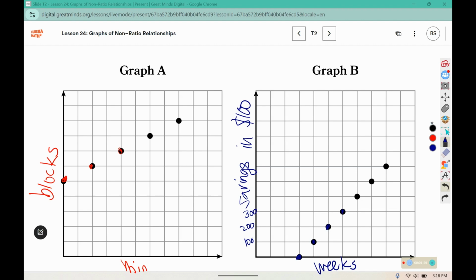Now, these aren't represented by a ratio because they don't go through the origin. But we could also represent these graphs using a table of weeks and savings, or minutes and blocks. And we could still represent them with an equation.